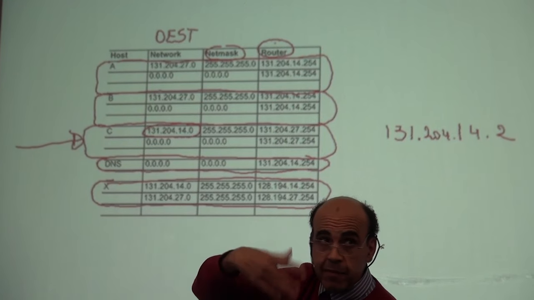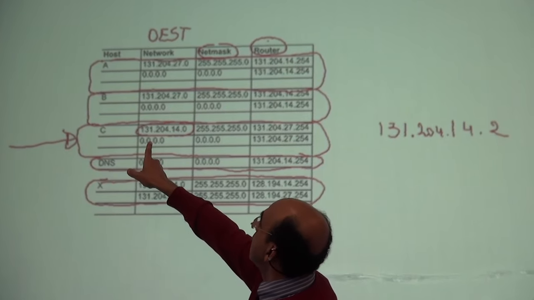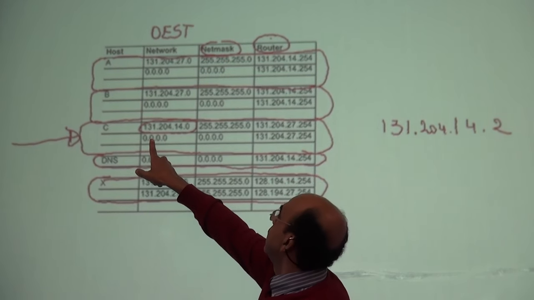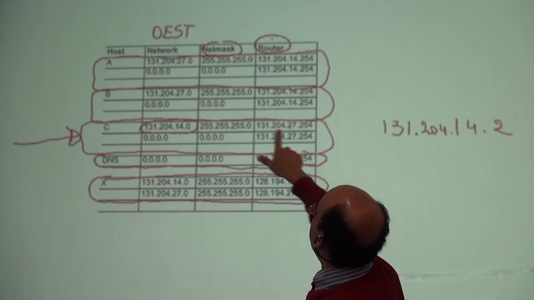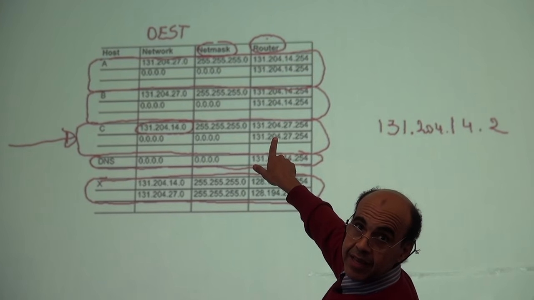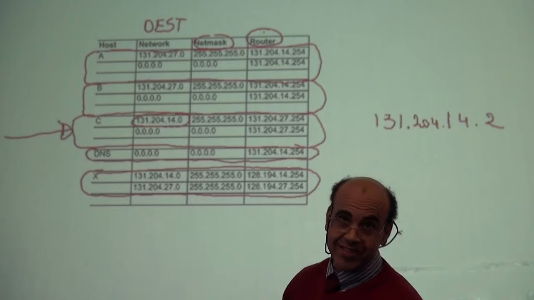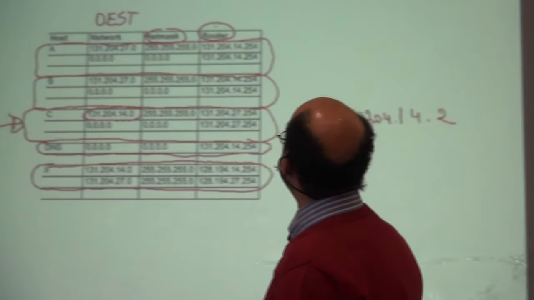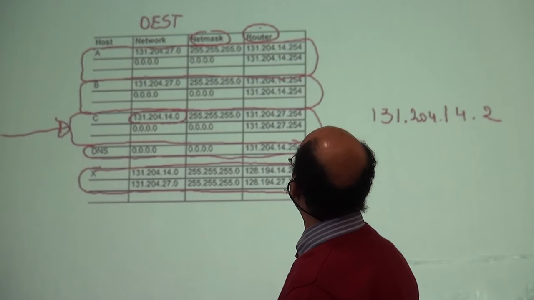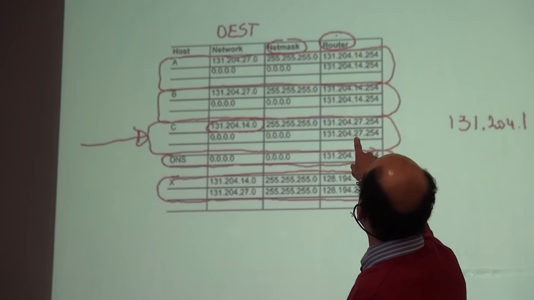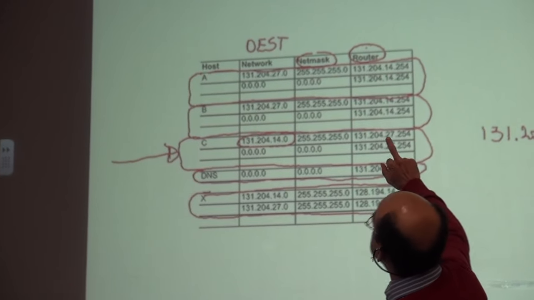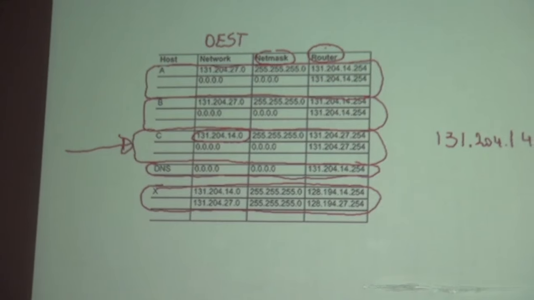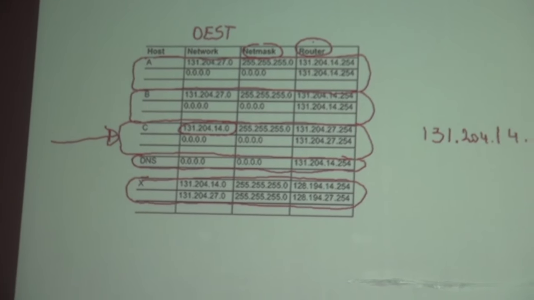When you don't find a match, you look at the default entry, and by default I should be going to this router. It happens the two routers here are the same. So this tells me I have to go to router 254. So far so good?